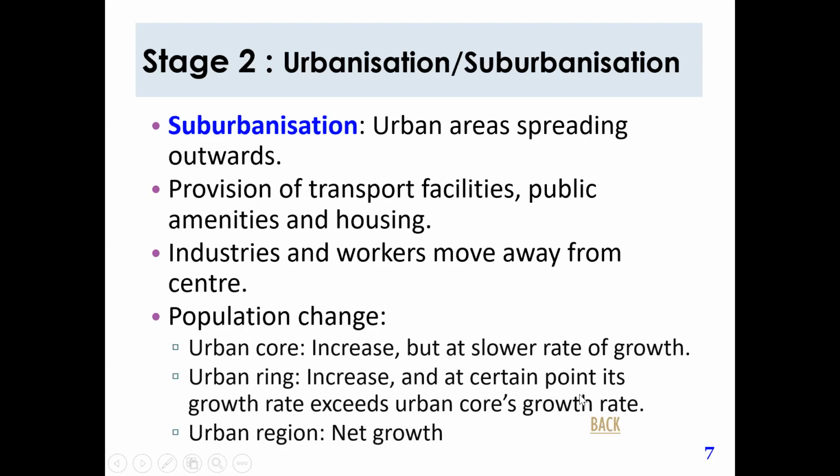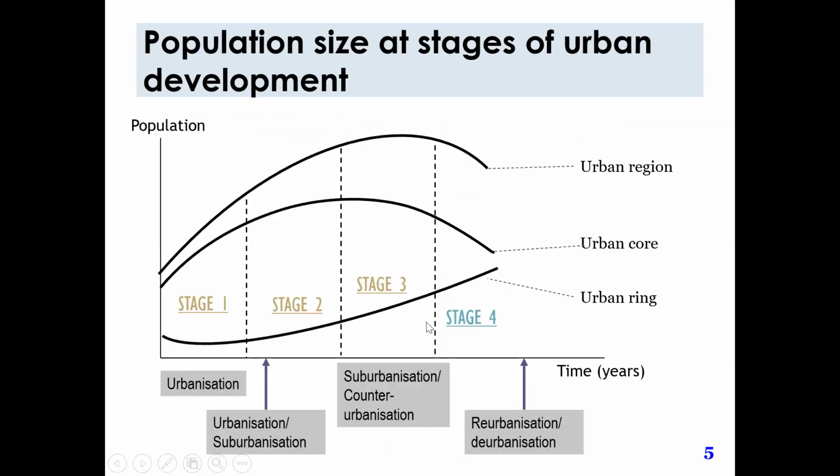So this is when the urban ring's rate of increase will be higher than the urban core growth rate because the pull factor of the suburban areas is stronger than the core area. And finally, the urban region, the macro area too, still experiences net growth because there's still an increase in the rate of population growth.